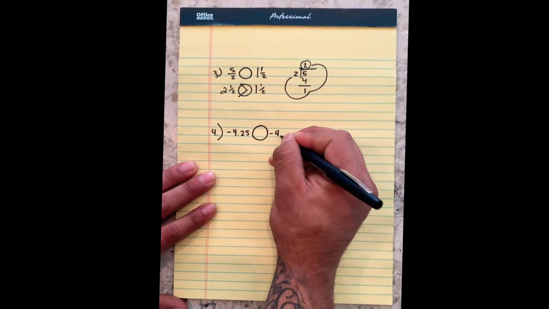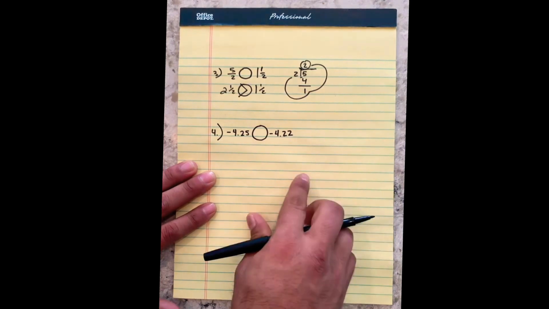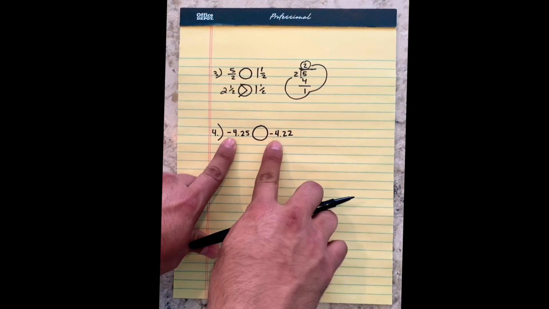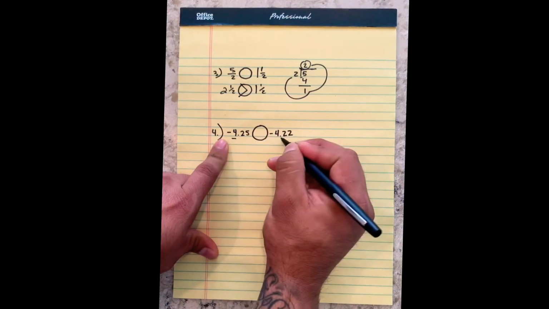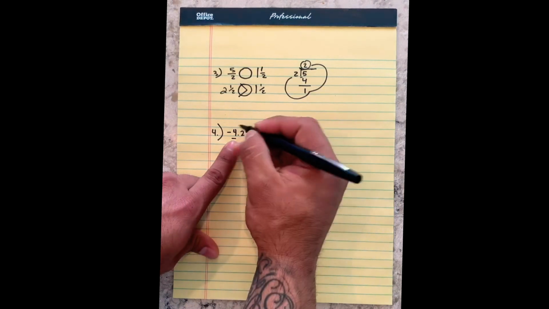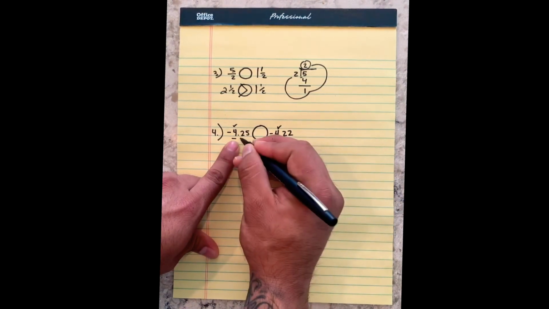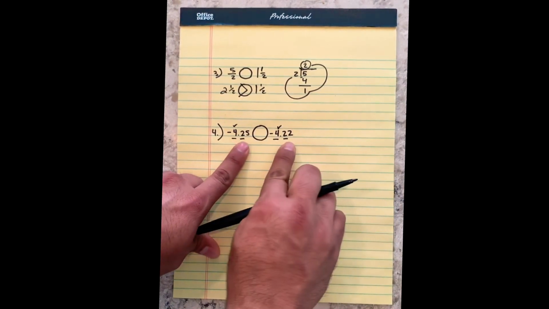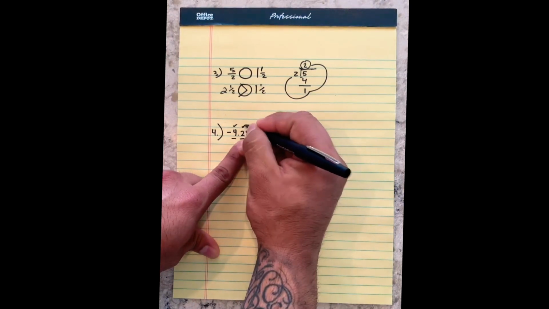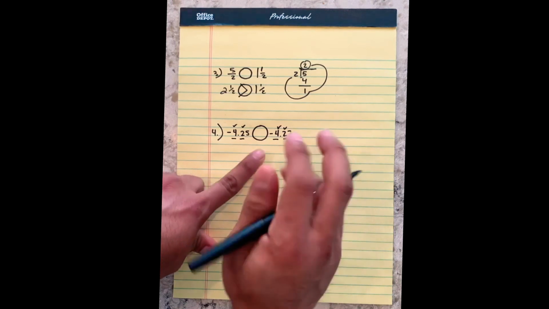Now you got a -4 and 25/100ths, and we're comparing it to a -4 and 22/100ths. These are both decimals, so just compare the place value, each digit in each place value. You got a -4 in the ones place, can't compare those. You got a -2 and a -2 in the tenths place, so put a check on top of both of those because you can't compare those.